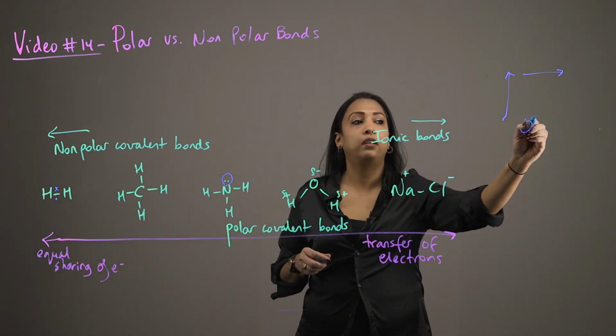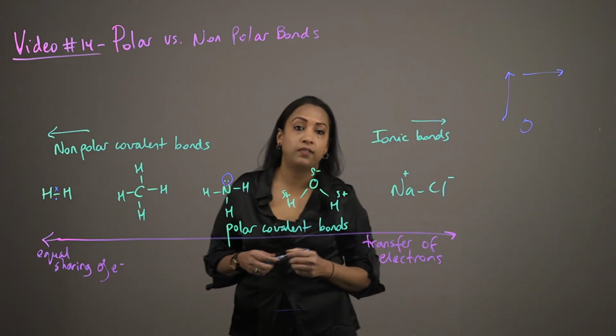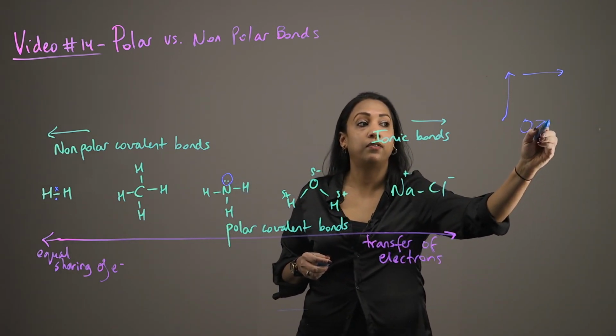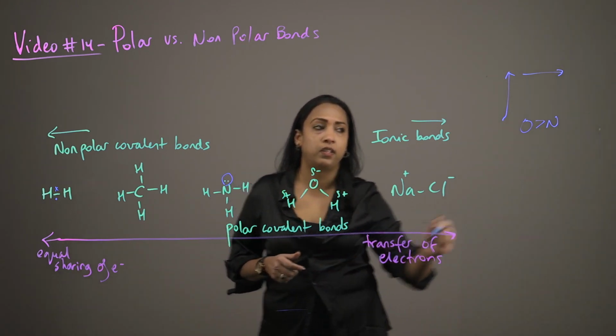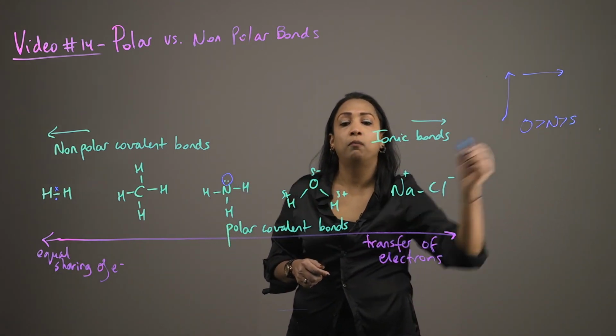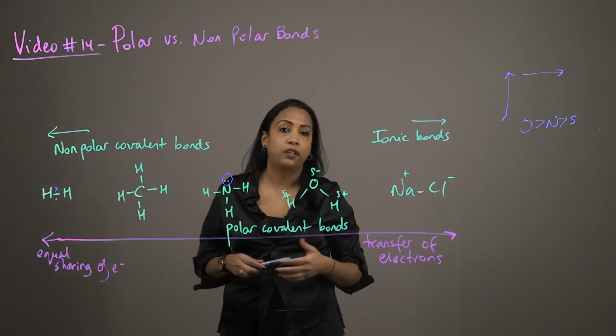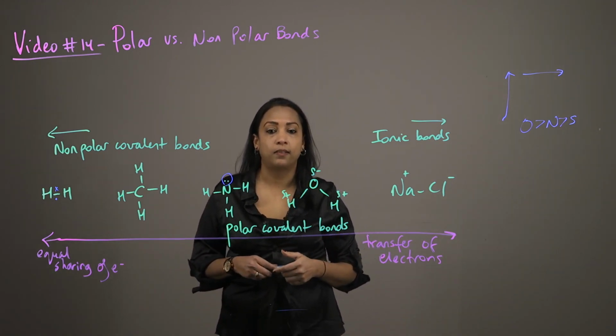So oxygen has a higher electronegativity, for example, than nitrogen, and nitrogen has a higher electronegativity than sulfur, carbon, hydrogen, phosphorus, and all these other atoms.